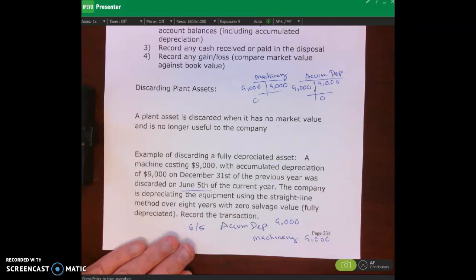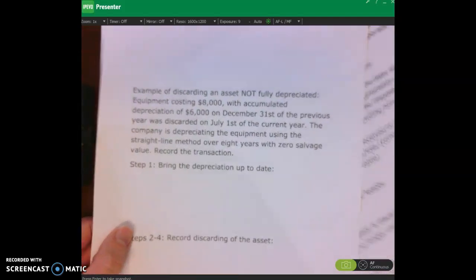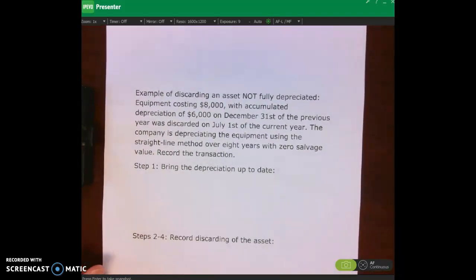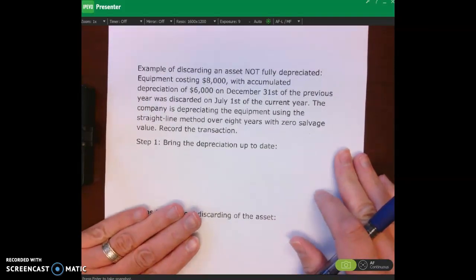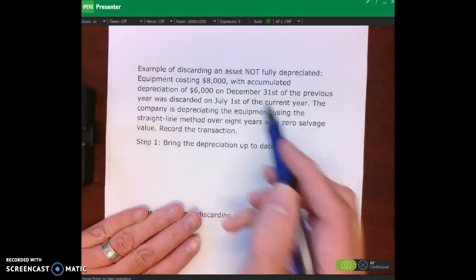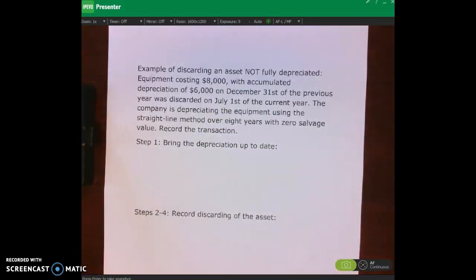So let's look at the situation though where we discard an asset that is not fully depreciated. Okay, so we have our equipment cost of $8,000, accumulated depreciation of $6,000, and then we're going to discard it on 7/1. So this is where we do have to bring that depreciation expense up to date.